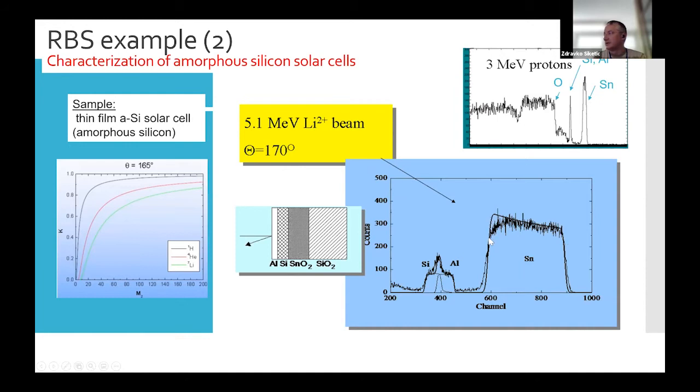You can see the very thin tin layer, from its delta E we can calculate the thickness, but we can also see nicely the overlapping of the silicon and aluminum layers, forming this peak here. So the thickness of these two layers can be easily extracted from the simulation of the spectra.